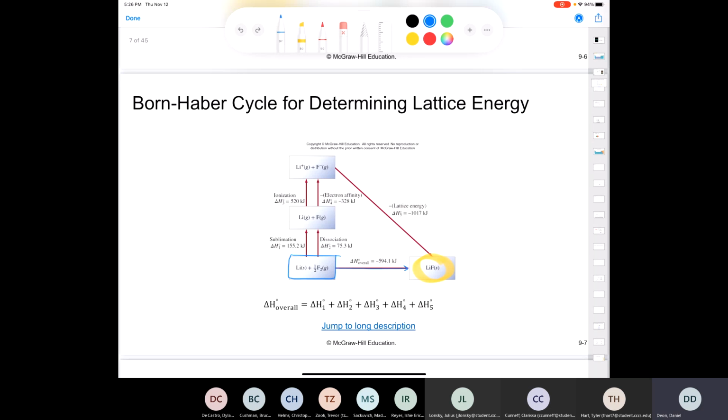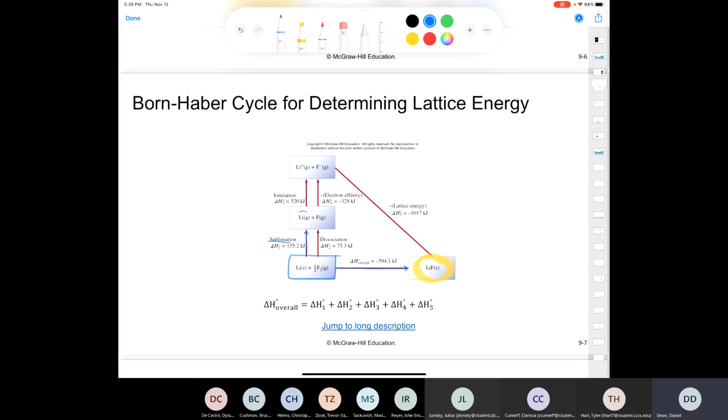Well, what if I wanted to convert those two elements from their standard states into gaseous ions? Since lithium is a solid, I would have to convert it to a gas. What's that process called? It's sublimation. It's going to take heat energy to do that. It takes 155 kilojoules to do that.